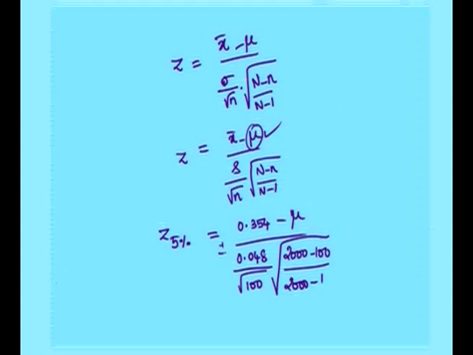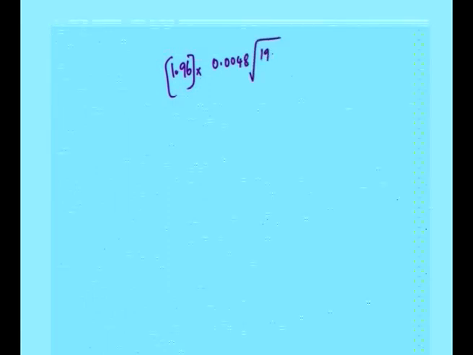This is within plus or minus, just cross multiply. Z at 5% is 1.96, into, cross multiplying, 0.0048 into root of 1900 by 1999, and the x bar value is 0.354 minus mu, and this is within plus or minus, accordingly we have to take.